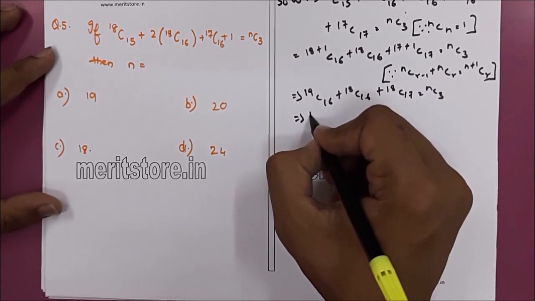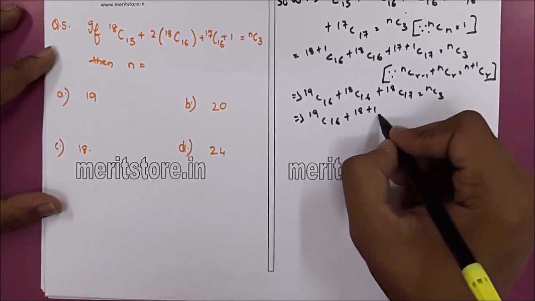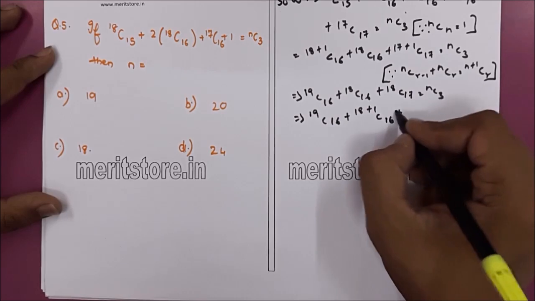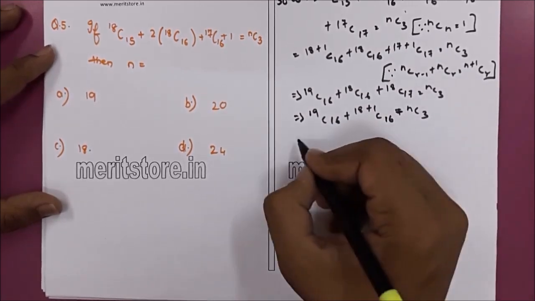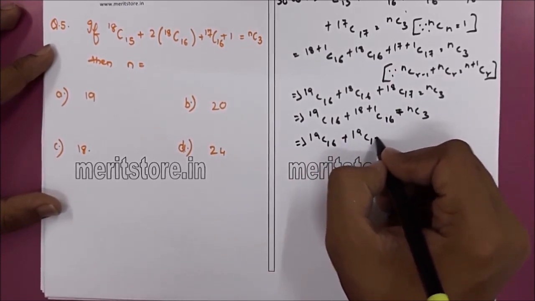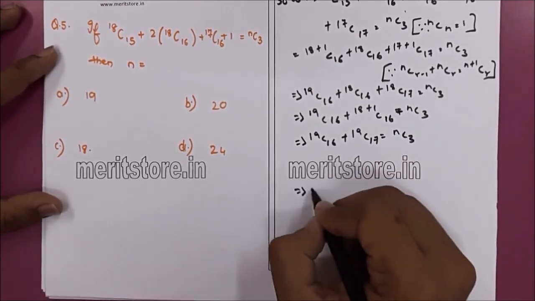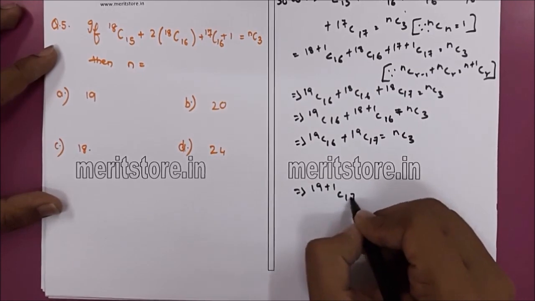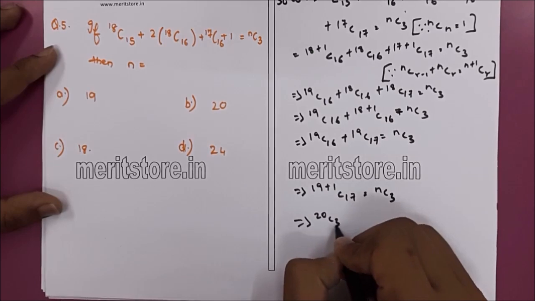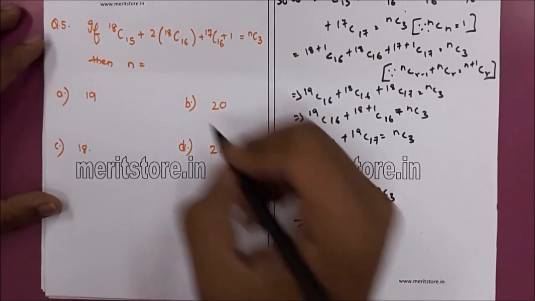It is equal to 19C16 plus 19C17 is equal to NC3. It is equal to 20C17 is equal to NC3, equal to 20C3 is equal to NC3. Therefore N is equal to 20. Therefore option B is correct.